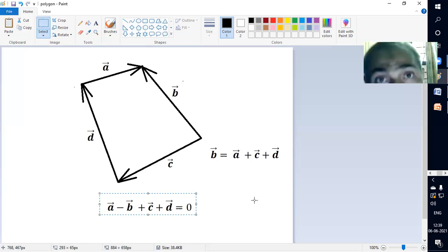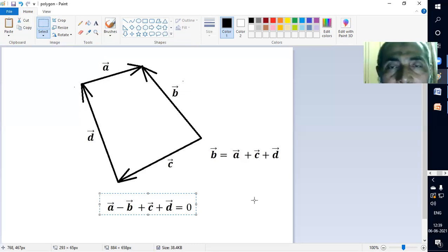Or if you want to write all the vectors at one side of the equation and at the other side of the equation, if you want to write zero, you have to use some vectors with positive polarity and some vectors with negative polarity. So the positive polarity to those vectors which are in one direction and negative polarity to those vectors which are moving in opposite direction. In this way, you can write the equation.